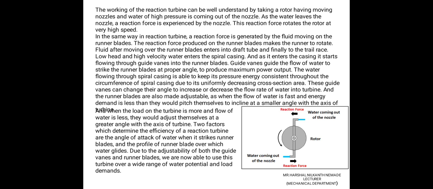Two factors which determine the efficiency of a reaction turbine are the angle of attack of the water when it strikes the runner blades, and the profile of the runner blades over which the water glides. Due to the adjustability of both guide vanes and runner blades, we are now able to use this turbine over a wide range of water potential and load demand.